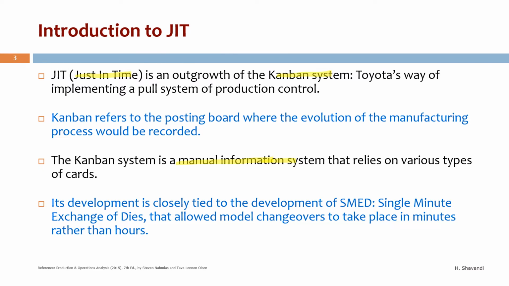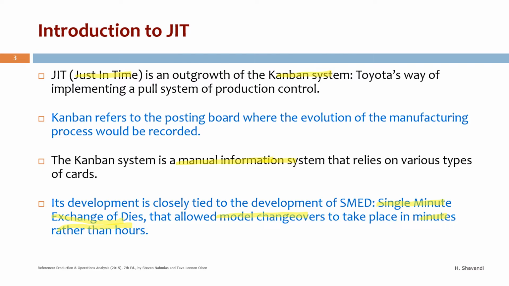Besides the Kanban system, just-in-time has a second component, which is single minute exchange of dies. This capability allows the manufacturer to implement model changeovers in minutes rather than hours.